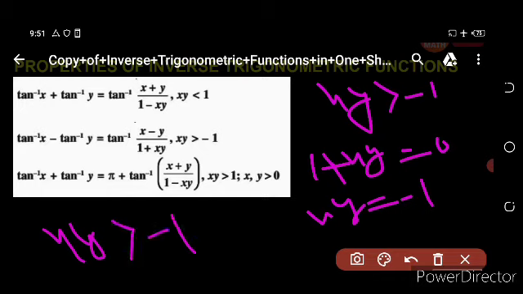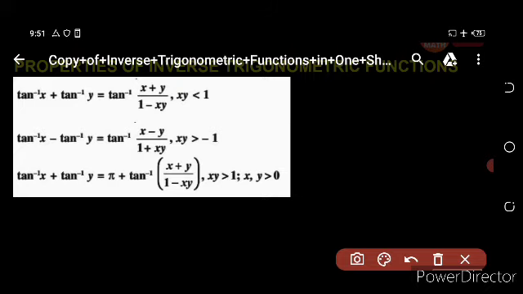Because xy should be greater than minus 1, that's why it is added with 1.